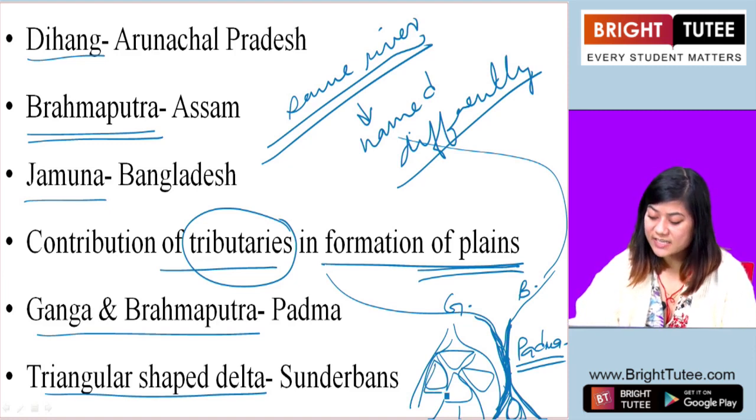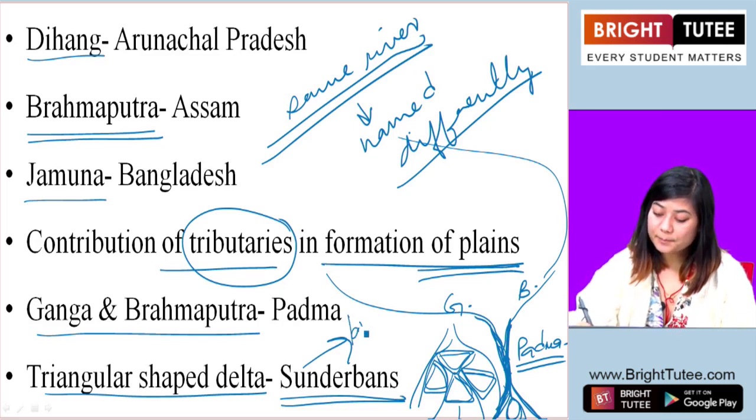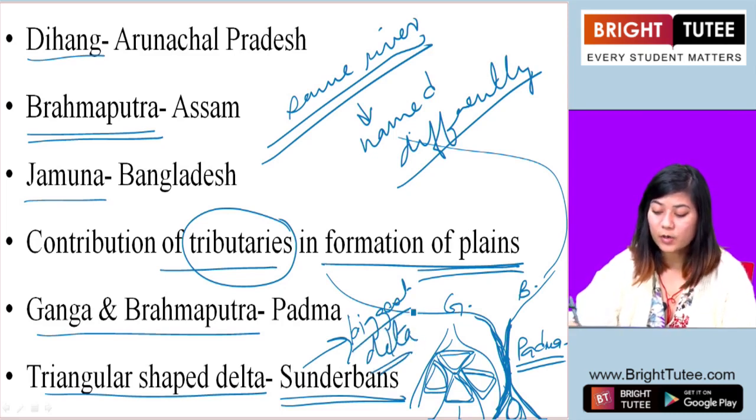Now these triangular shaped lands are called deltas. These triangular shaped deltas are called Sundarbans, and Sundarbans are the biggest delta in the world.